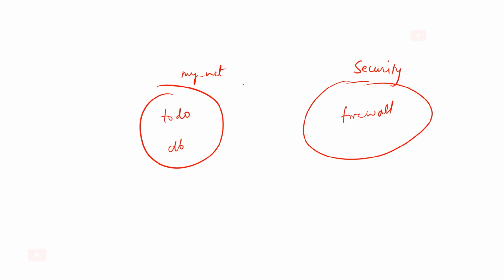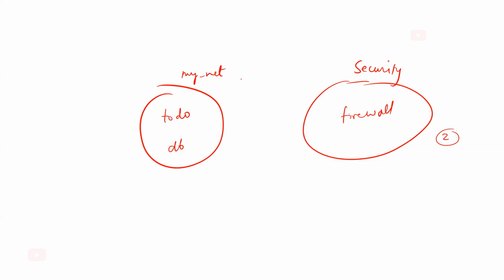Already it has the security network connected. So now this firewall container will be part of both mynet and security. It will also have two IP addresses, one coming from security's CIDR and the other coming from mynet's CIDR.